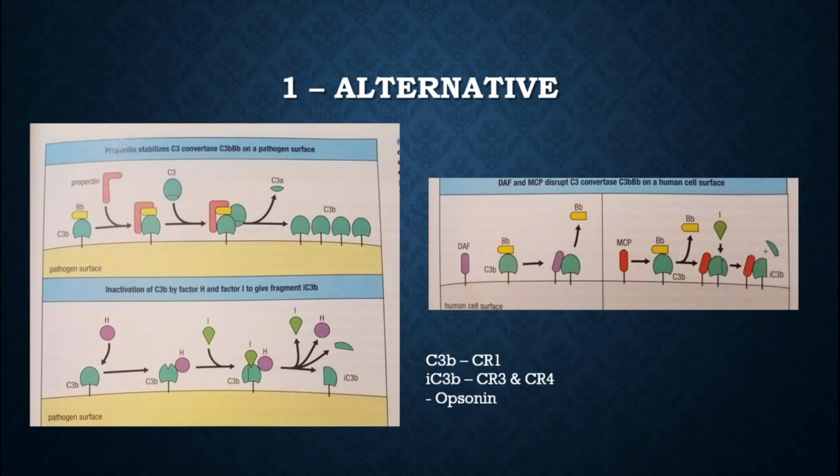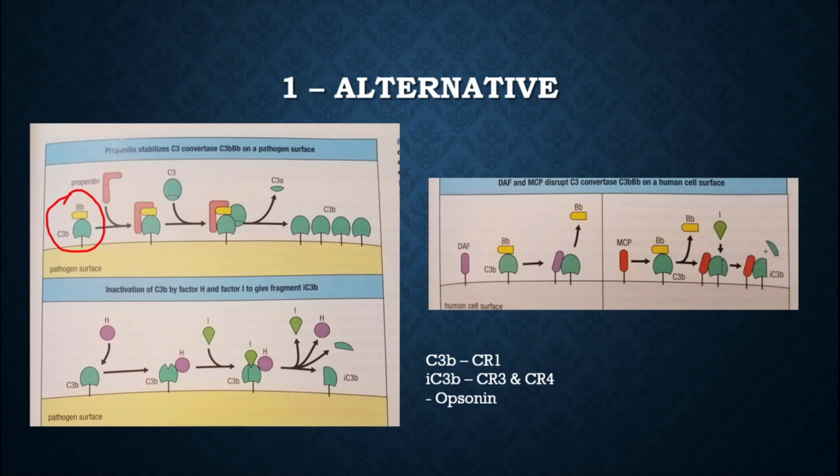Additionally, the C3 convertase, C3bBb, so many letters, is stabilized by properdin, which is just a cofactor that allows this convertase to be stable within the membrane. So it's just important to know that properdin allows it to be stable in the membrane.